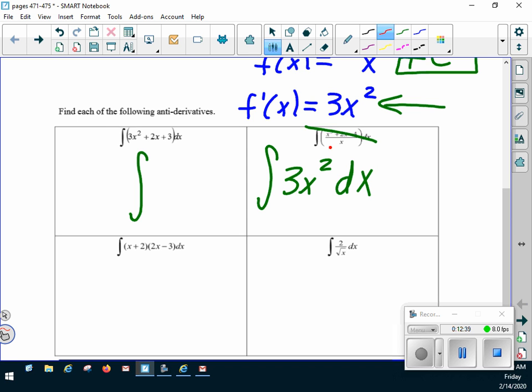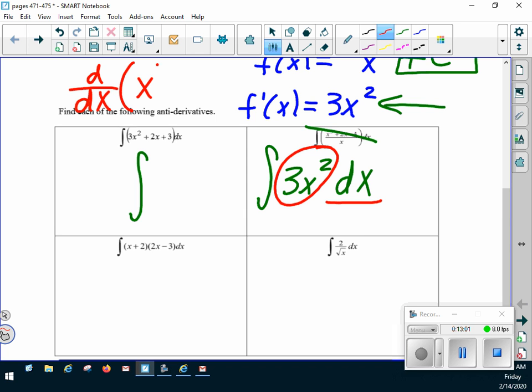Now, this is what I'm trying to find the antiderivative of. Antiderivative and integral at this point mean the same thing. This dx just says with respect to x. Do you remember when we wrote notation like this?